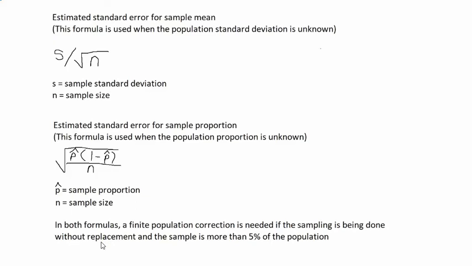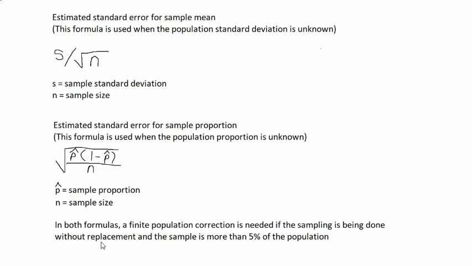Now, if a person did decide to sample with replacement, what that would mean is after a person has been selected to be in the sample, that person is still available. That person is still under consideration and could be selected a second time. So it's like if a person is selected and the person takes the survey, that person is put back into the population.